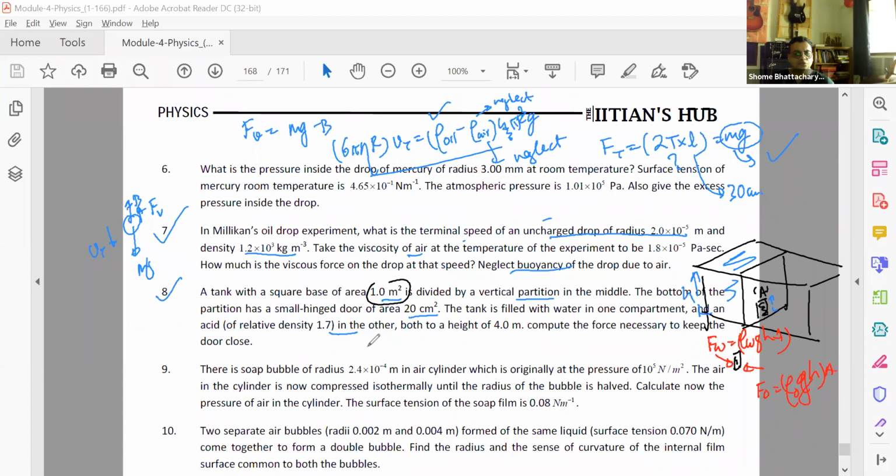So the difference of these two forces will be 0.7, the difference in density in gram per cc, into g into 4 meters into area 20 centimeters square. Unfortunately, this has nothing to do with properties of matter. This is a fluid mechanics question, in fact a hydrostatics question. So hope this is also clear, Kevin.